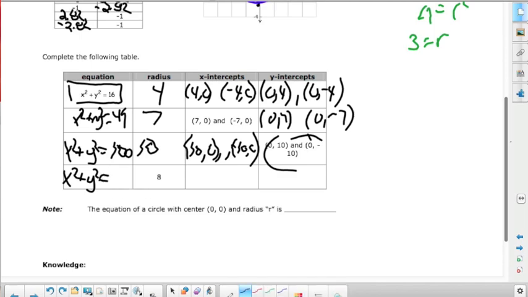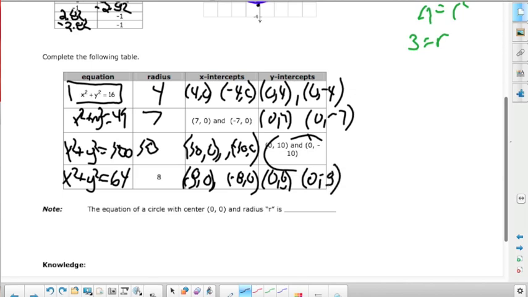So x squared plus y squared is equal to 64. The x-intercepts are 8, comma 0, and negative 8, comma 0. The y-intercepts are 0, comma 8 and 0, comma negative 8.